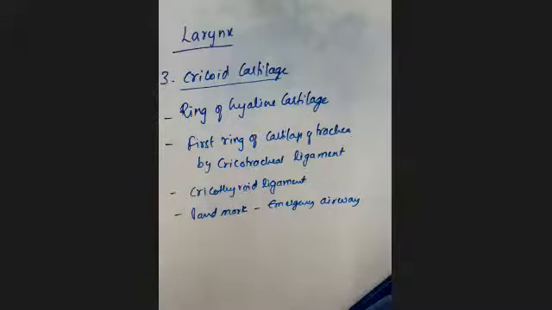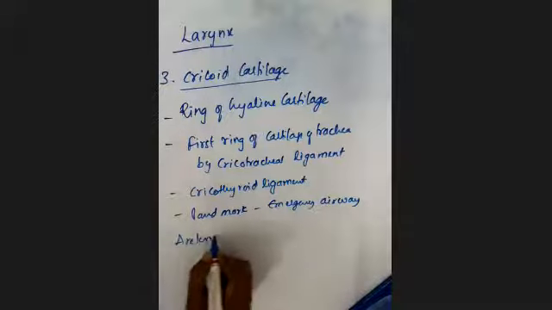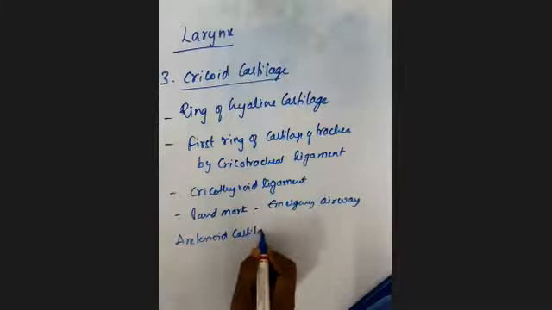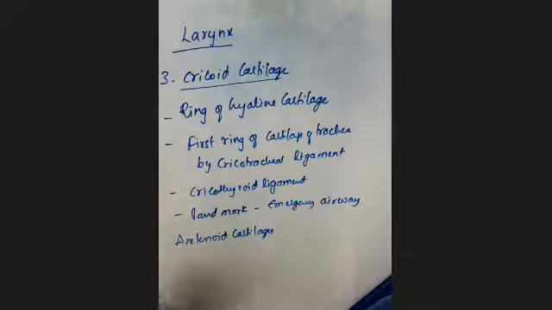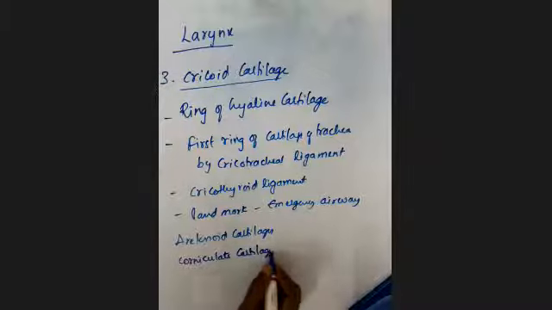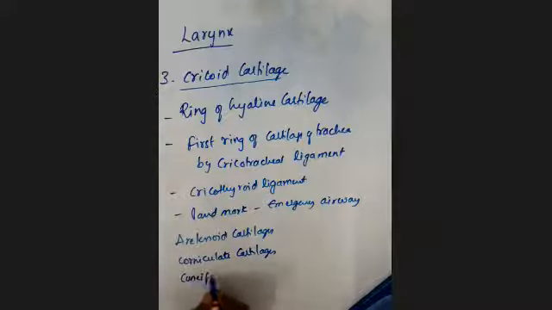Again, this cricoid cartilage is made up of three types of cartilages: arytenoid cartilages, corniculate cartilages, and the third one, cuneiform cartilages.